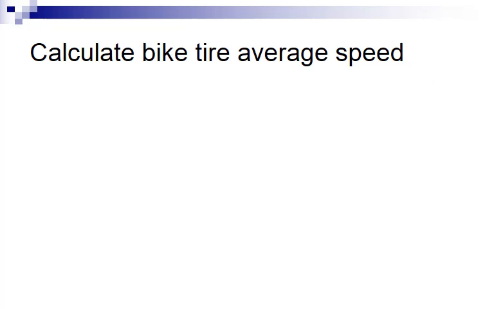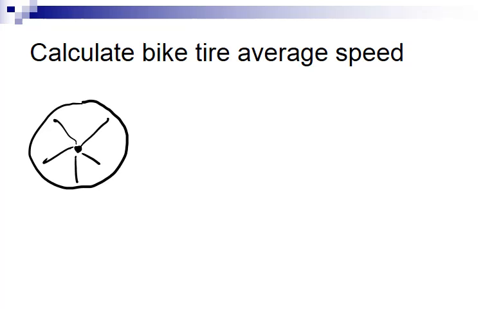Okay, so what we'll do is a sample problem here. In class, I have the tire and I'll spin it, but we can practice that here. So let's go ahead and spin the tire, and let's say that the radius of the tire, from here to here, is 0.6 meters.